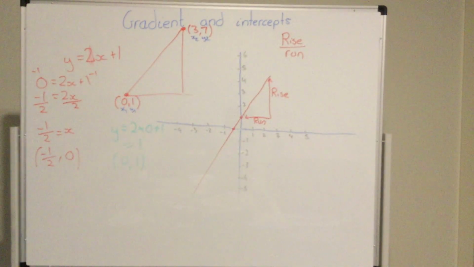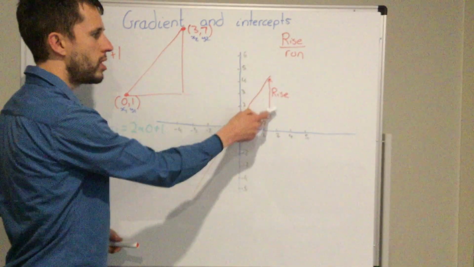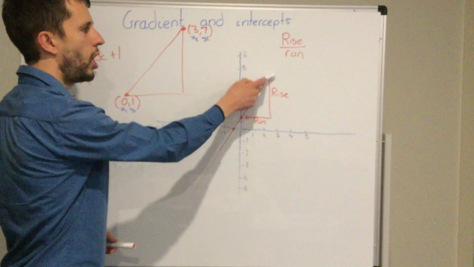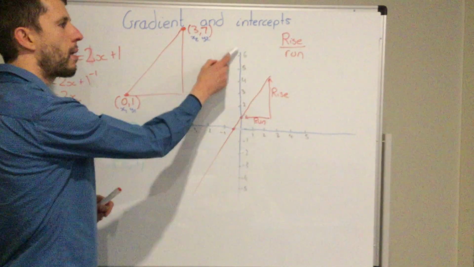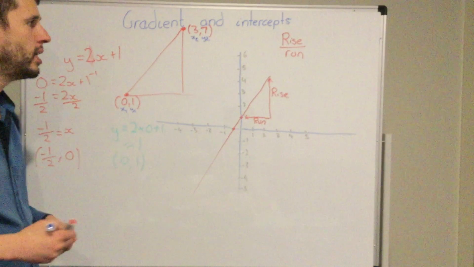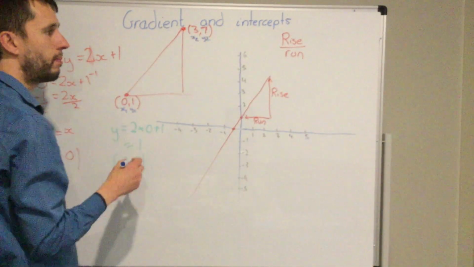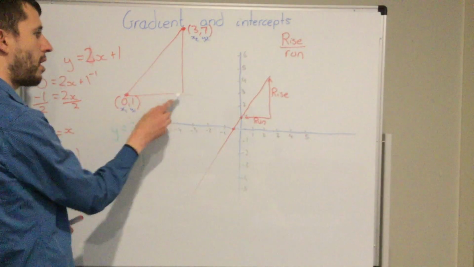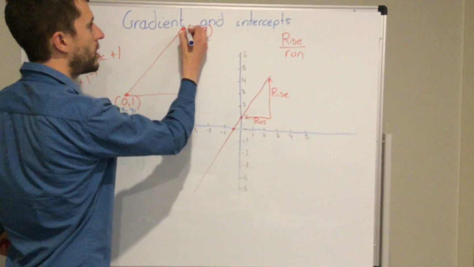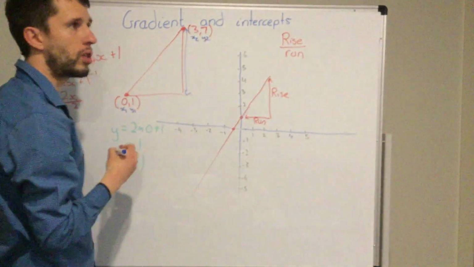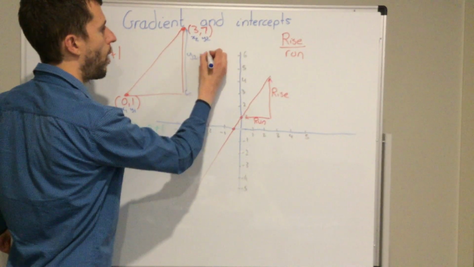I will show you the formula in a minute, but I just want you to think about this for a minute. This rise, when we're talking about this line, what axis are we talking about? We are talking about the y-axis. So if this is 7, the bottom of our triangle here is 1. To get this distance, which is the rise, we are going y2 take y1.